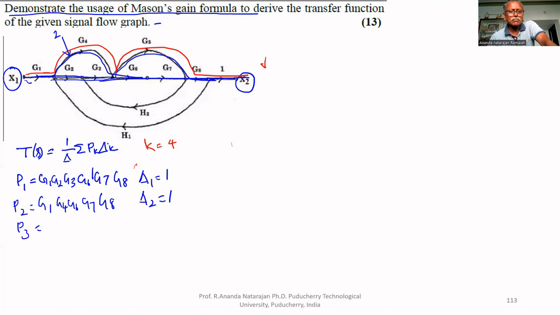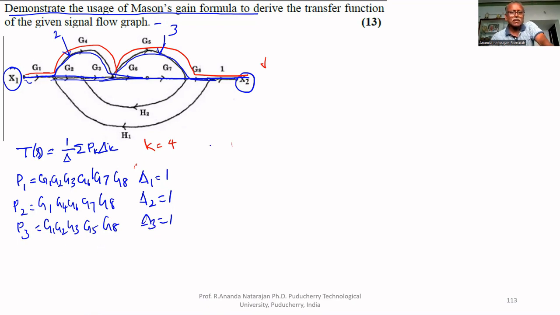P3, this is the third forward path. So in that case, G1, G2, G3 is as such, and instead of G6, G7, G5 is there, then G8. Delta 3 also equal to 1. No part of the graph is not touching the forward path.